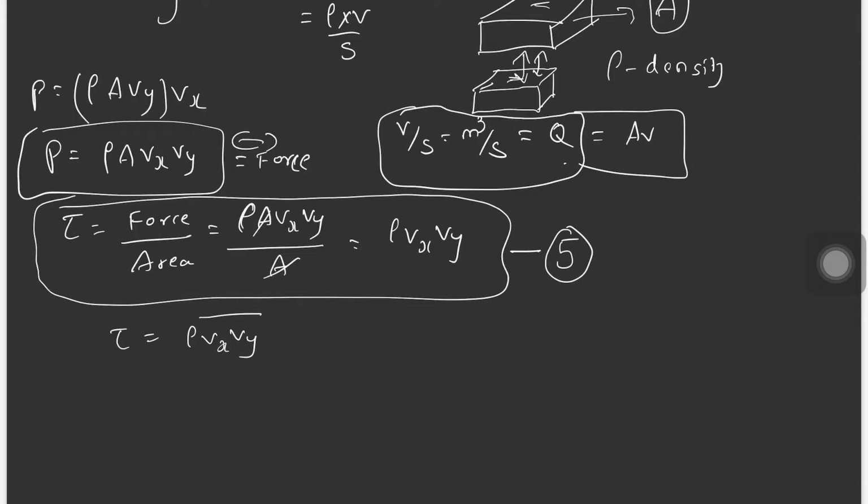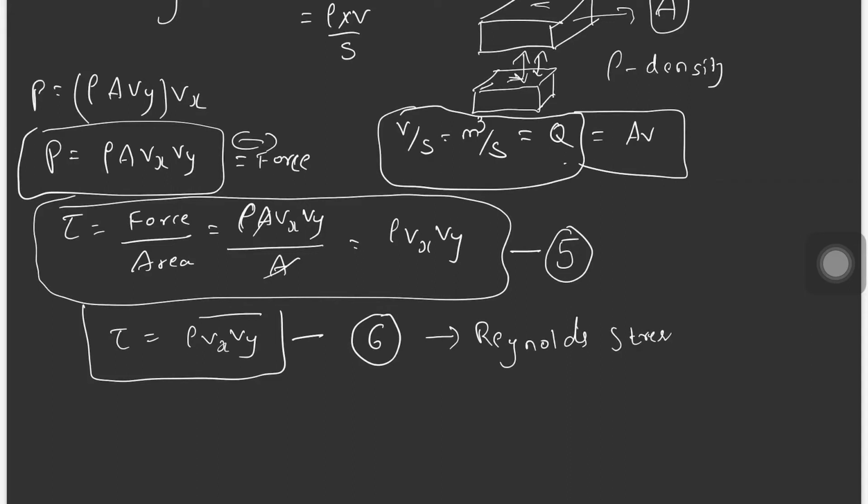So this we'll call equation number 6. This is called Reynolds stress. Reynolds stress is an expression for turbulent shear stress acting in a turbulent flow.